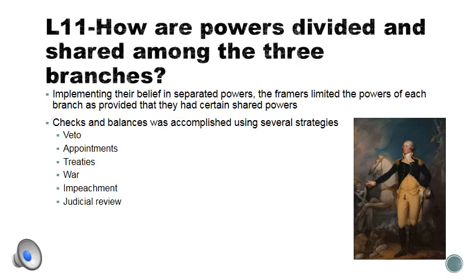When it came to appointments, we're talking about appointments to the cabinet like Secretary of Defense, Secretary of Treasury, or ambassadorships, things of that nature. The president would appoint, but they would have to be confirmed by the Senate. Same thing goes with judges. The president will appoint judges, and then they have to be confirmed by the Senate.